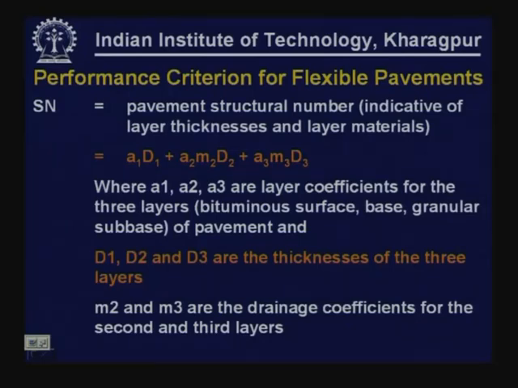But we know a pavement can consist of a number of layers. What we are representing as pavement represents all those layers that are above the subgrade, above the foundation. So, there can be 3 layers, 4 layers, it can have different types of materials, and these materials may be affected by different climatic conditions in a different manner. So, taking into consideration all those things, one single parameter, one single value has to be evolved to represent all these layers.